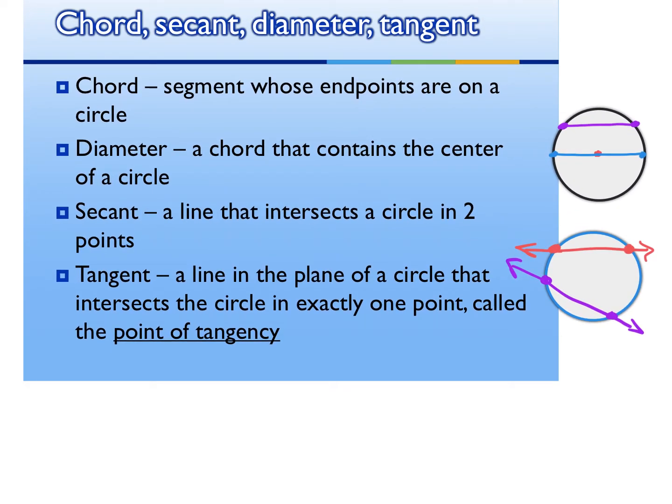Again, if I draw another circle here, and the next slide has all of this drawn as well. And a tangent line skims the side of the circle. And it would only touch the circle in one point. And that one point is called the point of tangency.